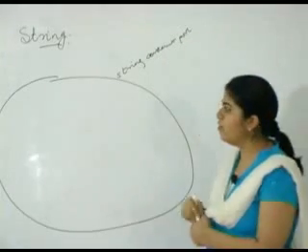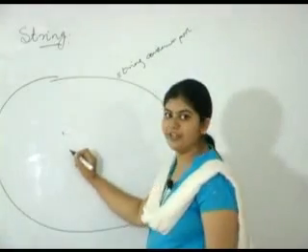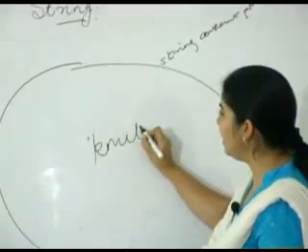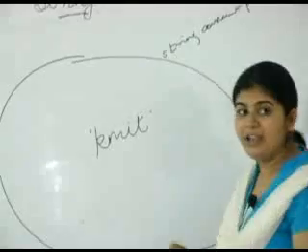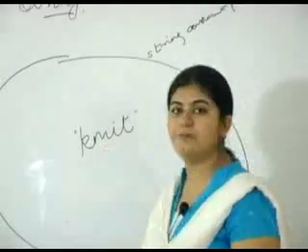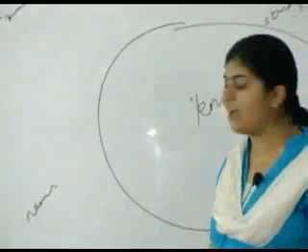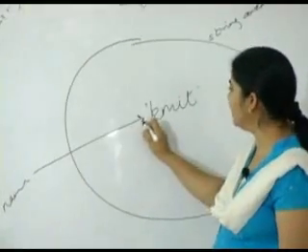Now I have created an object over here and I am saying the value of the object is KMIT. The object is placed over here, and name is nothing but the reference variable which is pointing to this KMIT.